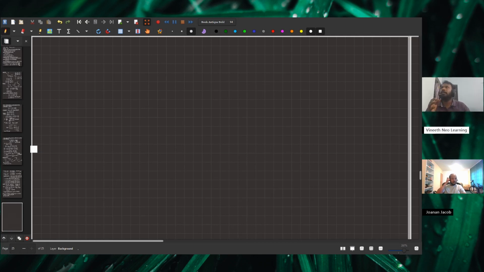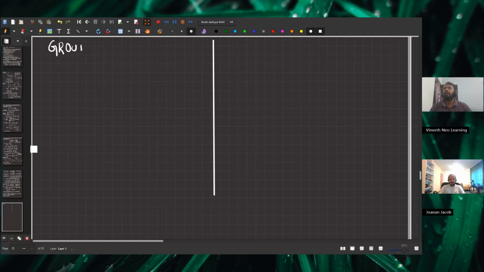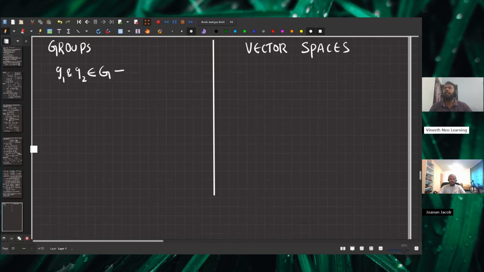Let me write here. Since this is an introductory course, first you have to define what all these terms are: what is an additive abelian group, and all those things. Let's do a comparison between groups and vector spaces. For groups: if G1 and G2 are elements of the group, then G1 times G2 should also be an element of that group.